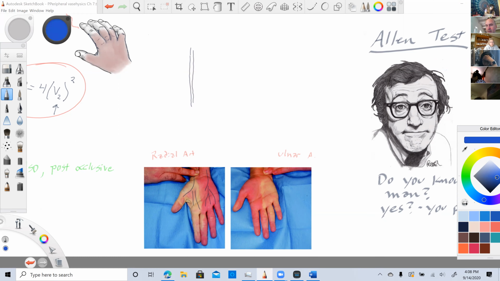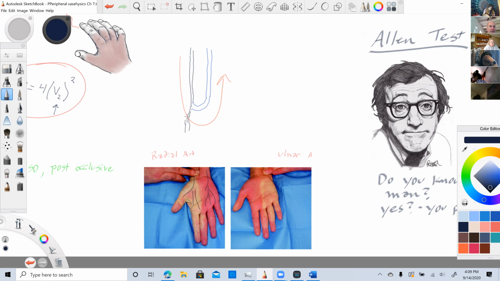Let's just use blue here. And the vein is here, and what will happen is that we connect the two. We make a fistula. And that's designed so that blood just goes like that, and actually this artery still continues on down.